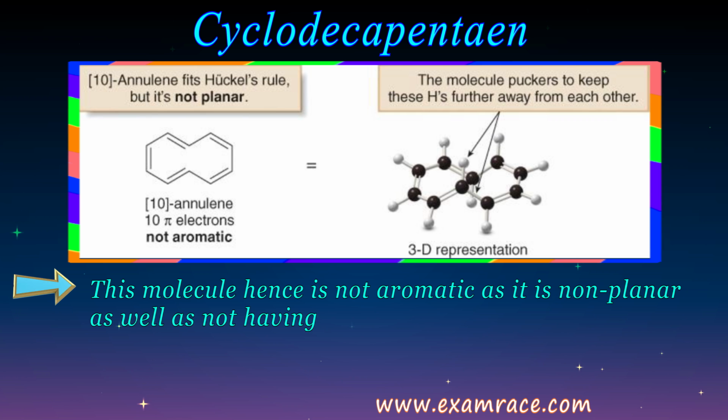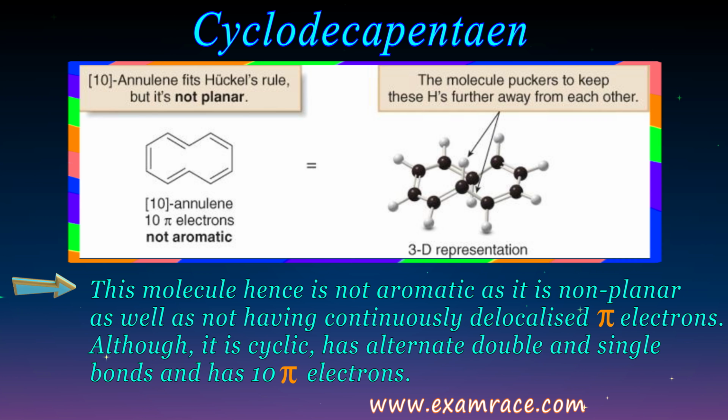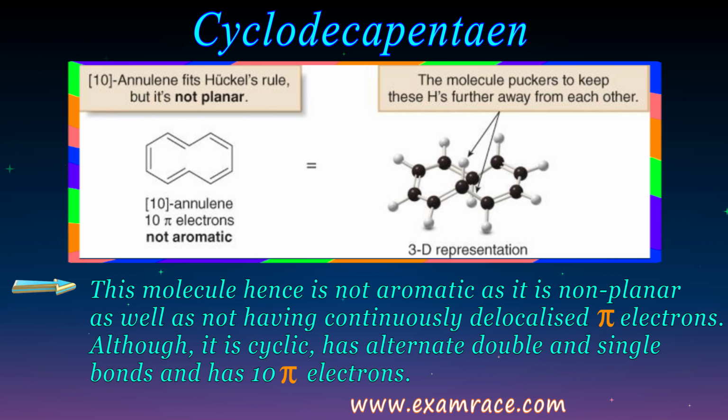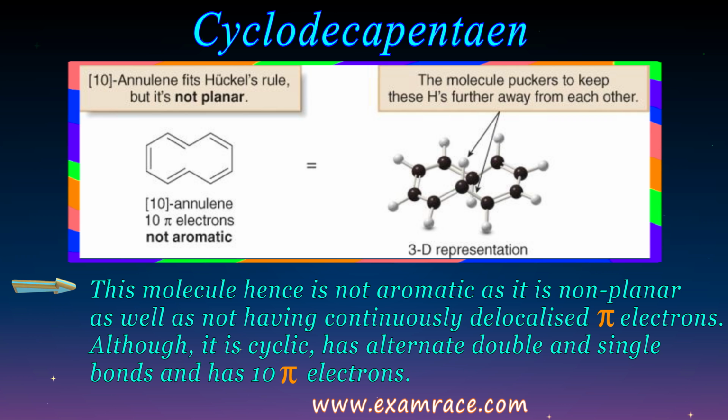So this molecule is not aromatic as it is non-planar, as well as not having continuously delocalized pi electrons. Although it is cyclic, has alternate double and single bonds, and has 10 pi electrons, it is not planar. So it is not aromatic.